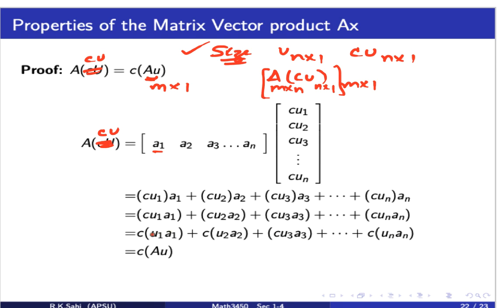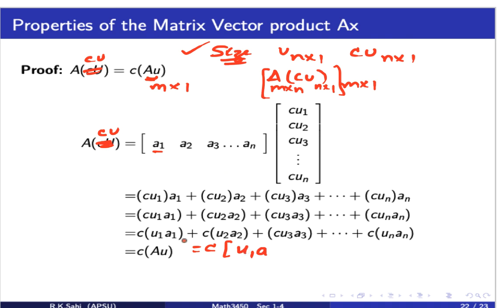And notice the C can be taken out common here. And what do we have? A1 U1 plus U2 A2, it does not matter which one you write first, guys, because U1 is a real number, a scalar.